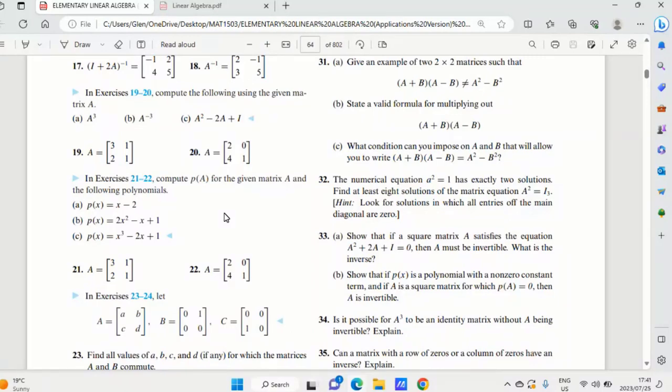What is your question? My question is, why are they subtracting the new matrix from the given matrix? We are supposed to compute P of A. If we're computing P of A, then I just put the entries where I see A. So I want to know how they approached this, because I wasn't here yesterday.